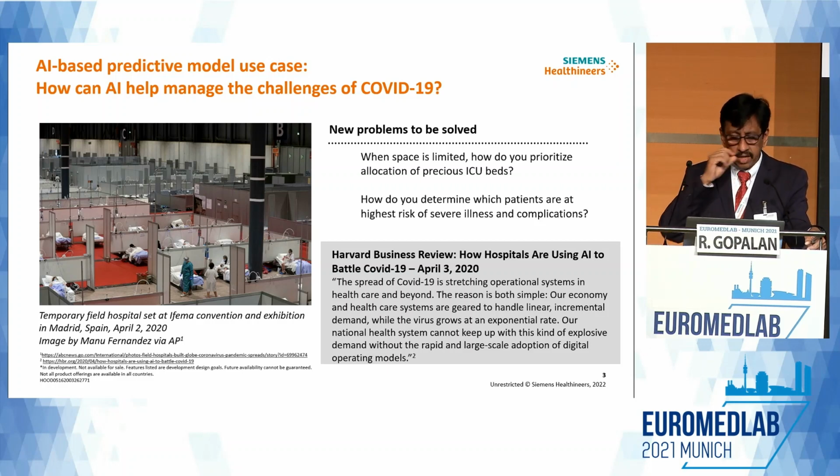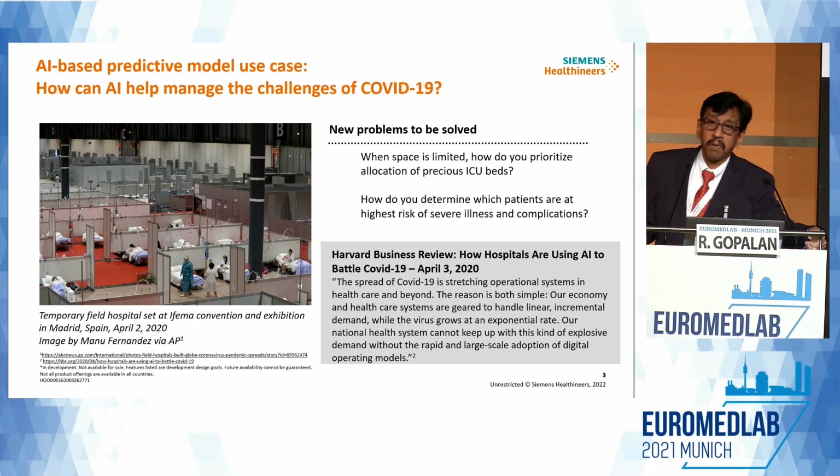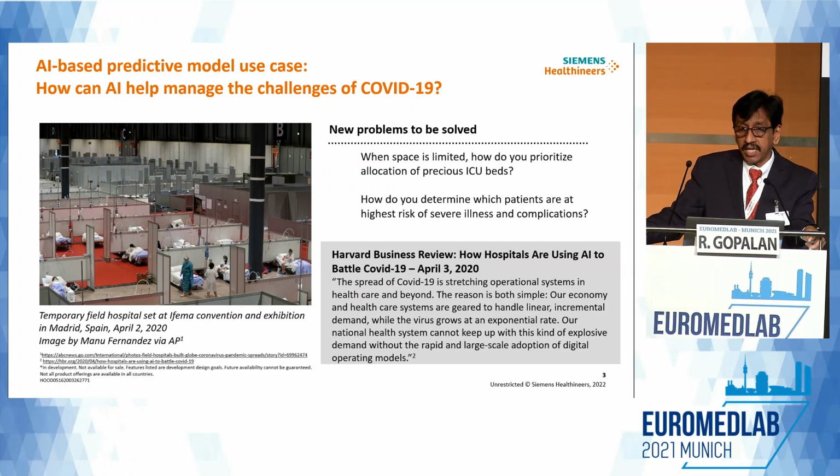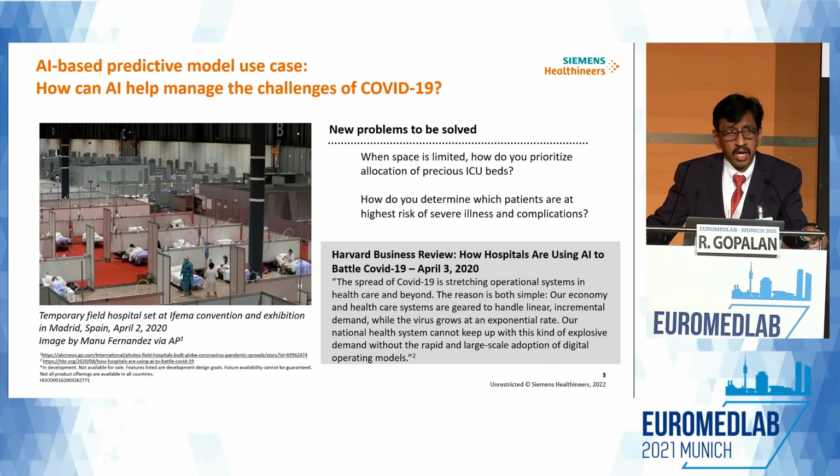So what we did was collect data from multiple sources. The picture that you see here is from La Paz University Medical Center in Spain. We collected quite a lot of data from there, and in addition we also collected from 27 hospitals across 3 different health systems in the US, in Houston, Atlanta, and New York, close to about 14,000 cases.